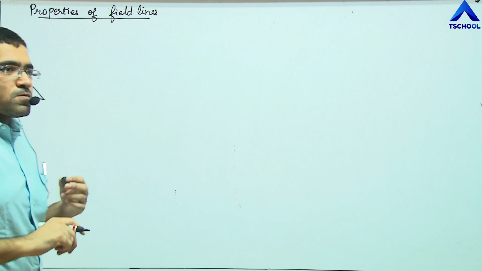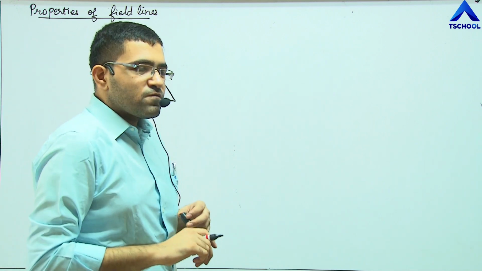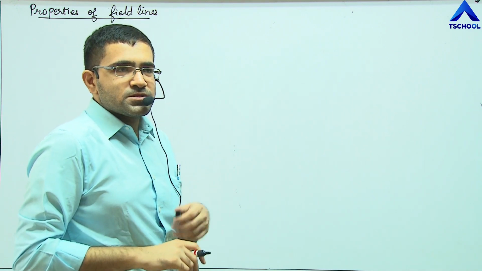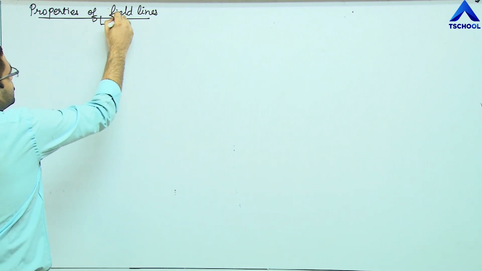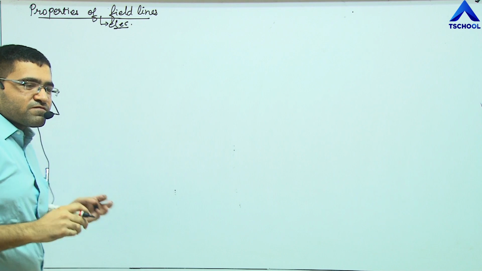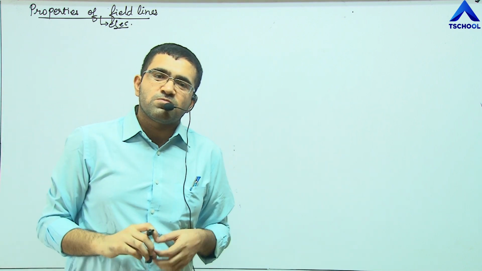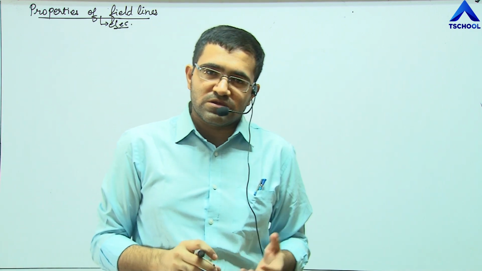We are now going to talk about properties of electric field lines. Obviously, I've not written it here, but this definitely means we are talking about electric field lines right now. We are not talking about magnetic field lines or any other thing, right?